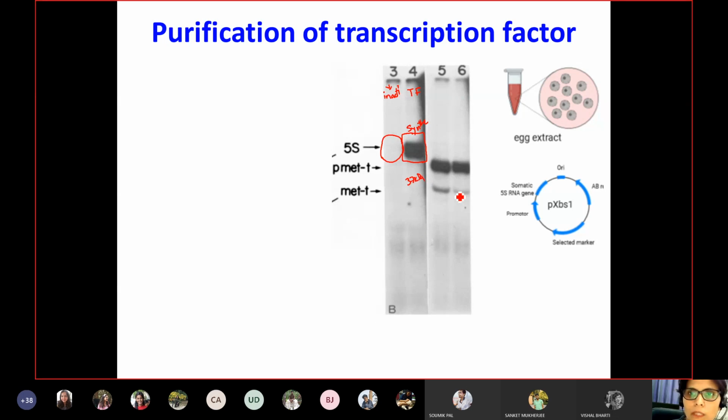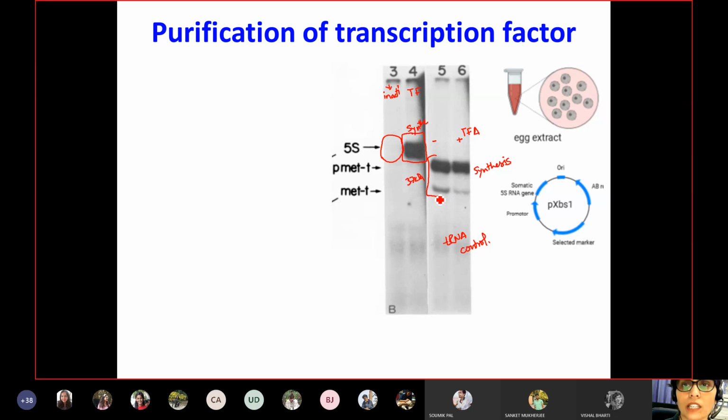Now the same experiment they did in the presence of tRNA that they had used as a control. In this case, what they see is that in the absence or in the presence of transcription factor, you still see tRNA synthesis. So that means transcription factor A is not important for tRNA synthesis.